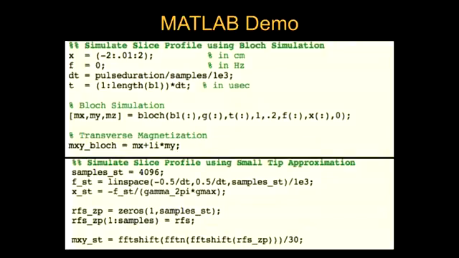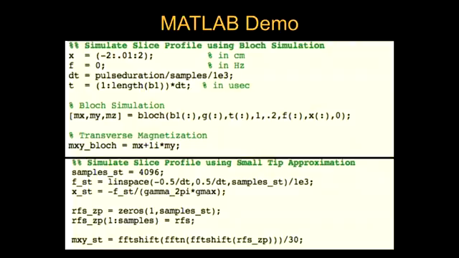Okay, so there are two different ways to simulate it. One way is using a Bloch simulation. Brian, who is at Stanford, made a nice numerical simulation tool, so-called block.m.